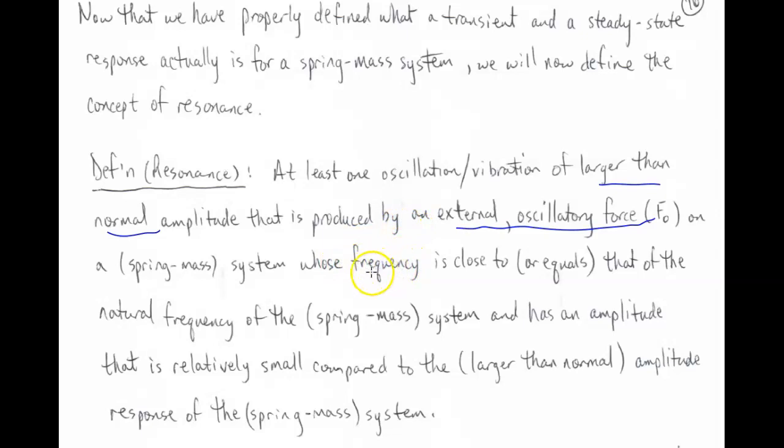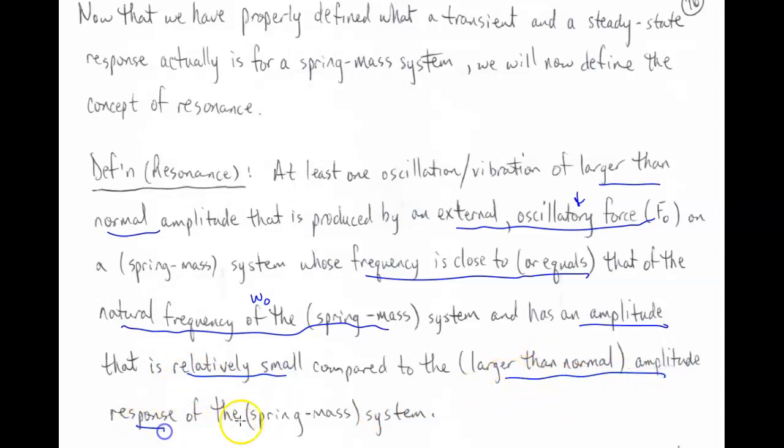That force has a frequency that is close to or equals the natural frequency of the spring mass system. Remember the omega naught or omega that we talked about in the previous video.